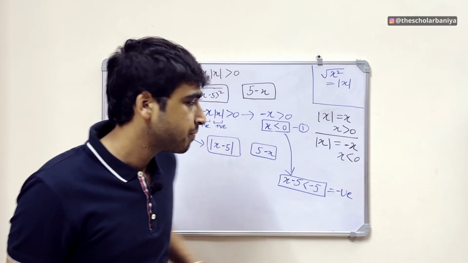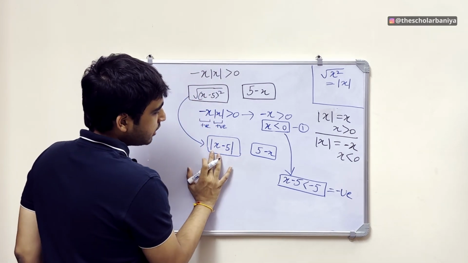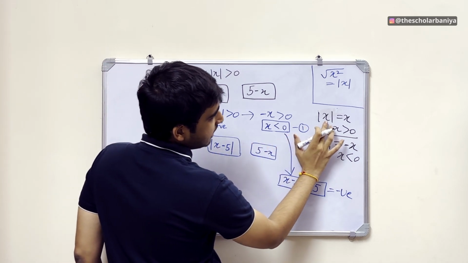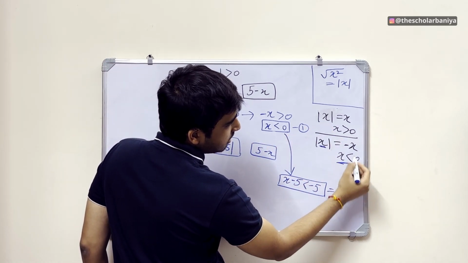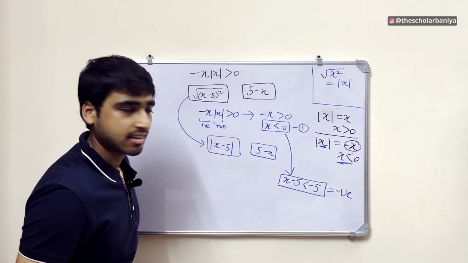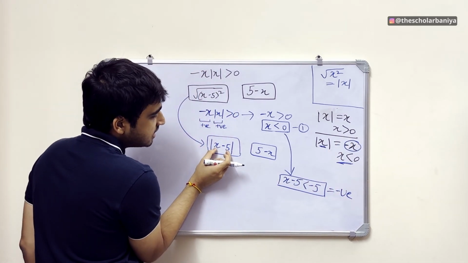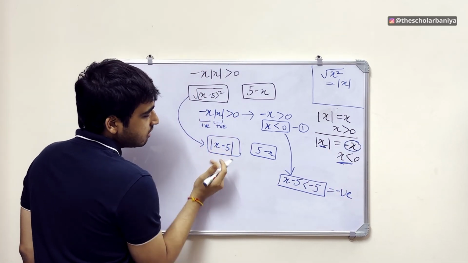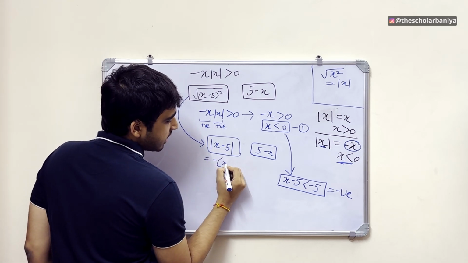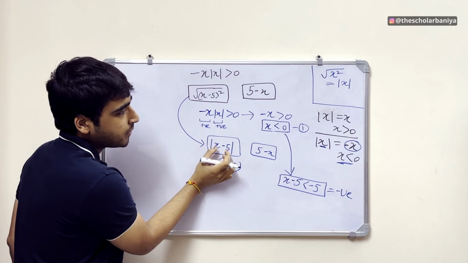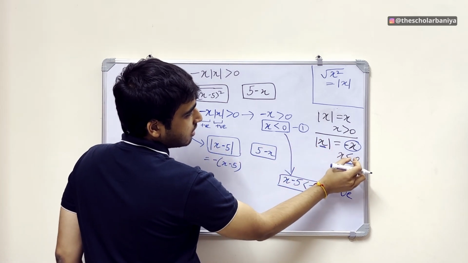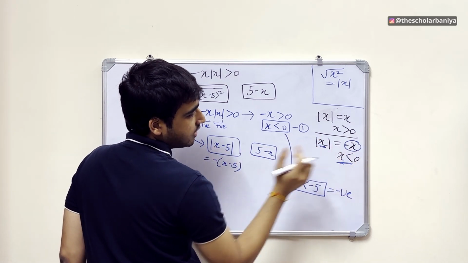That means negative. So now, if x is negative, then the answer is minus x. So if this is negative, the answer will be minus of (x minus 5), right? Consider this as x. So mod of x is minus x if x is less than 0.